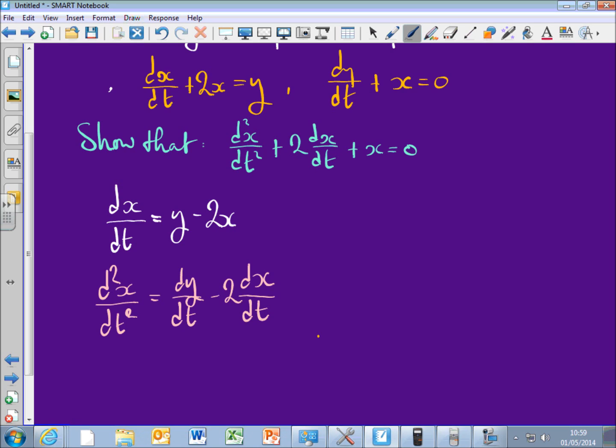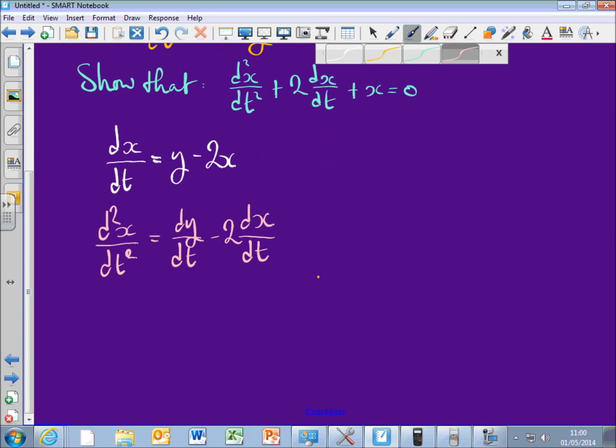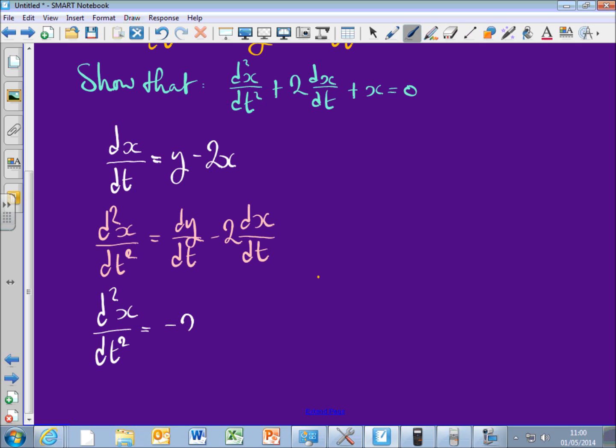What else can I do? So dy dt is minus x. Okay, cool. So I can say that d2x dt squared is equal to dy dt from the yellow one up there, which is minus x, yeah?